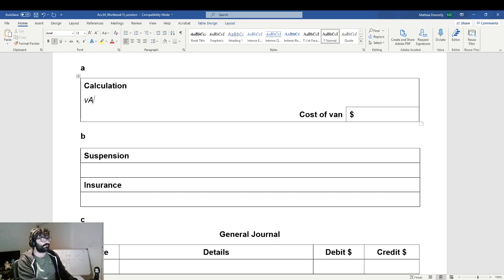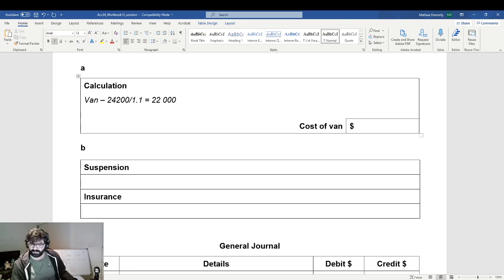So we'll go van, 24,200 divided by 1.1 would give us 22,000. After that, we need to look at the heavy duty suspension, and that would be included. And that's 900.